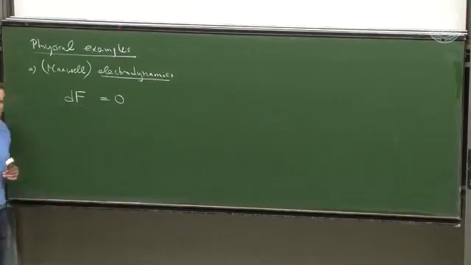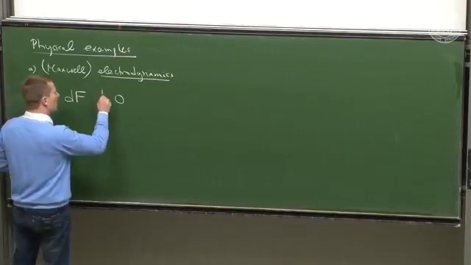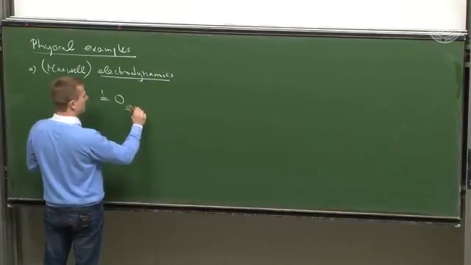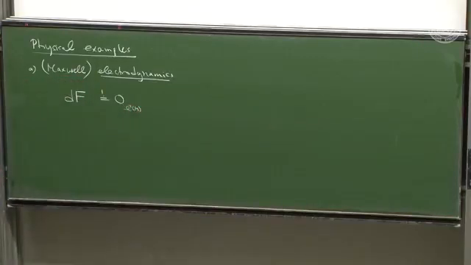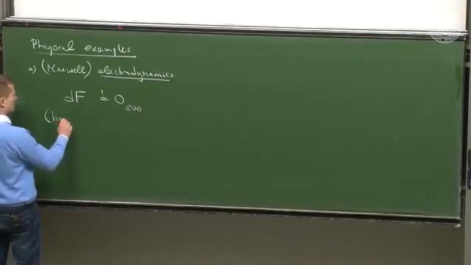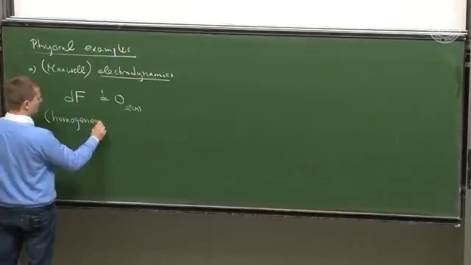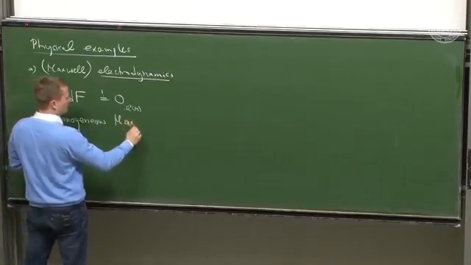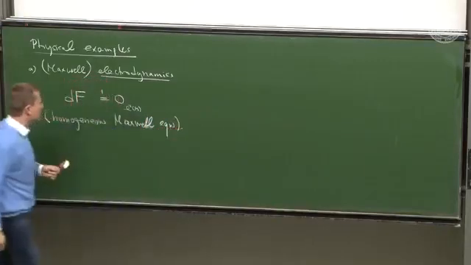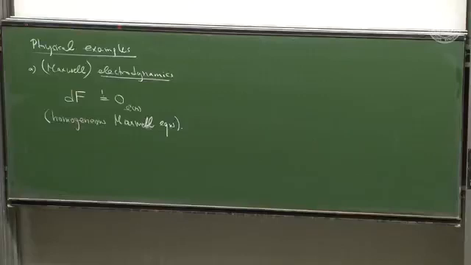But then dF is a 3 form, and you require that this 3 form, so there's the 0 in omega 3 of M, be 0. And this has a name. This is called the homogeneous Maxwell equations. So it looks like only one tensorial equation instead of the two Maxwell equations, but in fact it covers both.